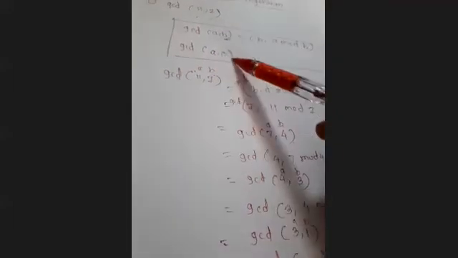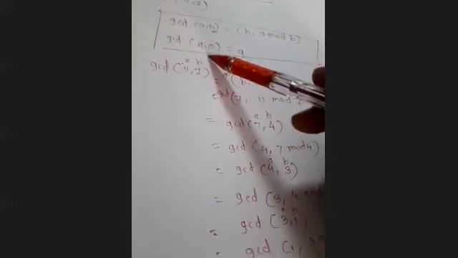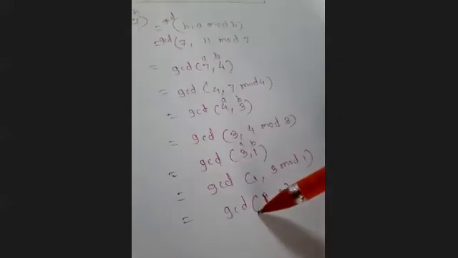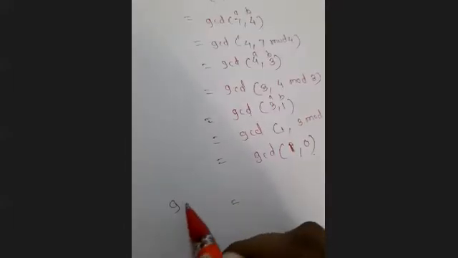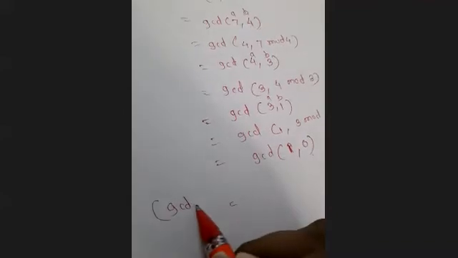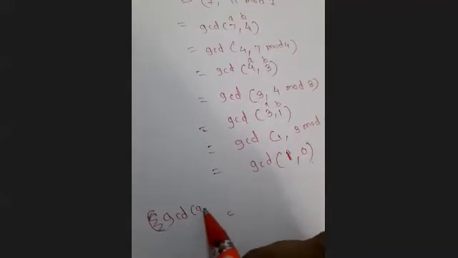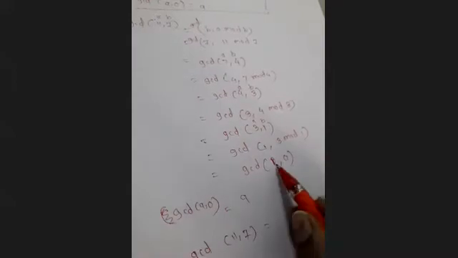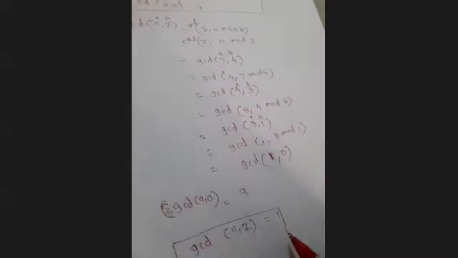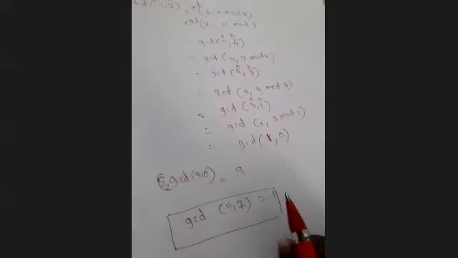See, GCD of A comma 0, right? We have reached this point. Whenever we get this, whatever the A value is, that will be the answer. So we conclude GCD of 11 comma 7 is nothing but the A value, that is 1.